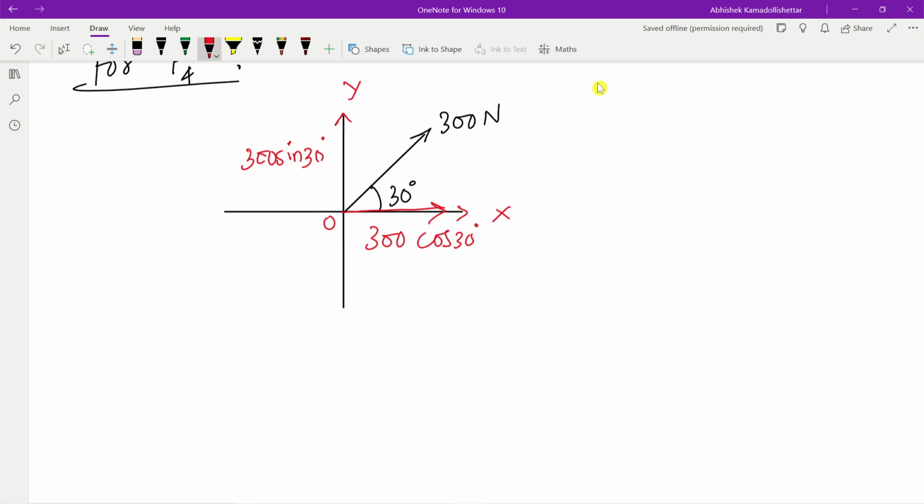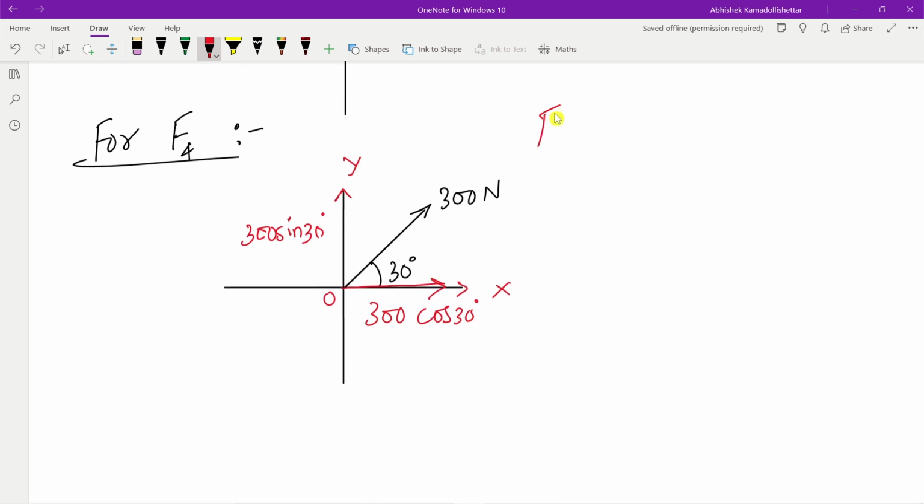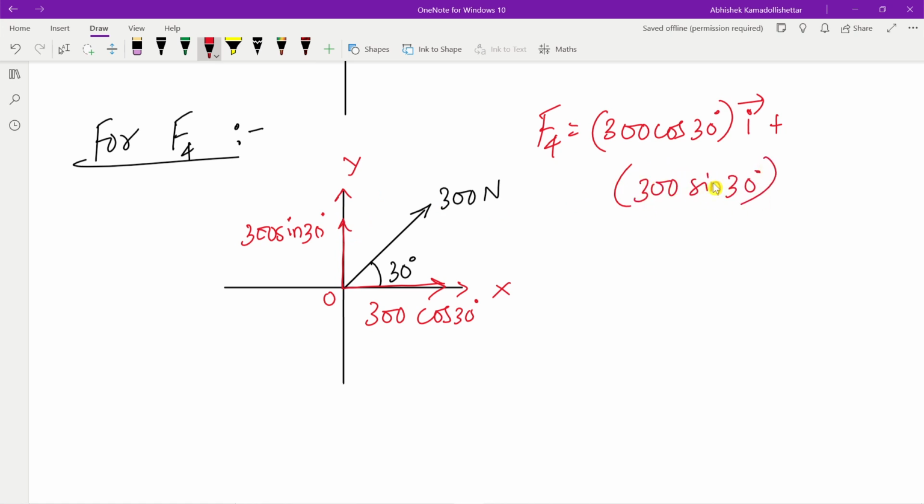Now the force component F4 would be 300 cos 30 degrees into vector i plus, the y component here is in the positive direction of the y-axis, that is 300 sine 30 degrees into vector j.